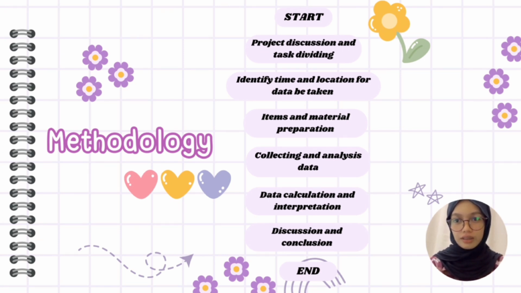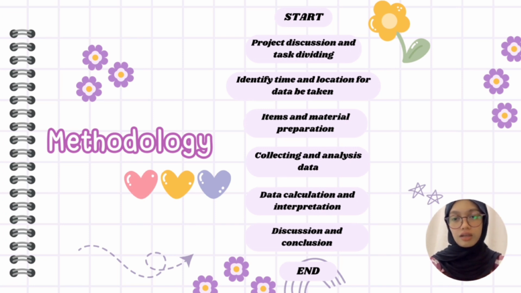The next is collecting and analyzing data. The data is collected according to the instruction plan, and then organized and subjected to preliminary analysis for better understanding. Next is data calculation and interpretation. After we collected the data, we used appropriate calculation methods.